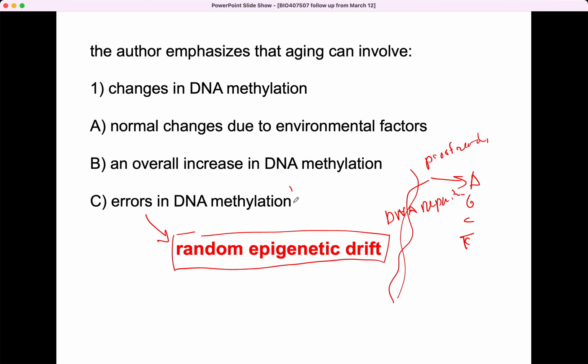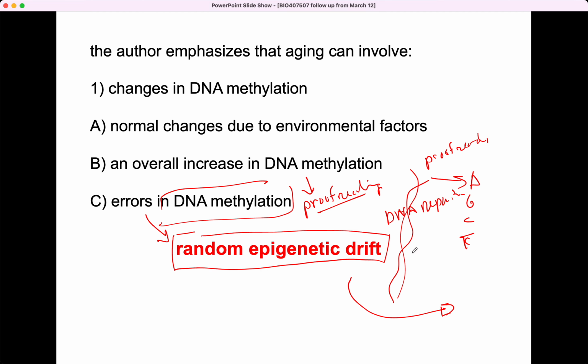And it turns out that DNA methylation also has to get copied when a cell divides, goes through M phase and duplicates its chromosomes in S phase. The DNA methylation has to get copied also. And the DNA methylation does not have good proofreading or adjustment, repair. And so as a result, we see random epigenetic drift errors.